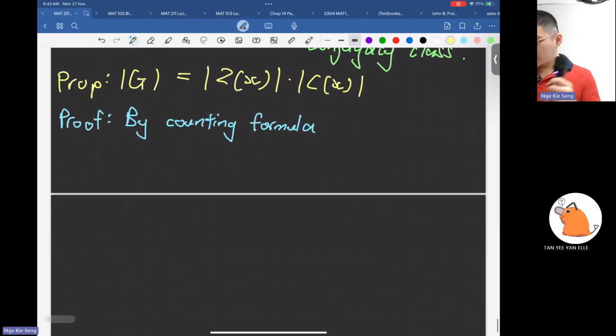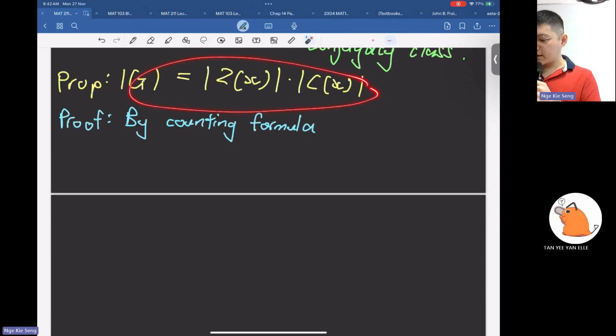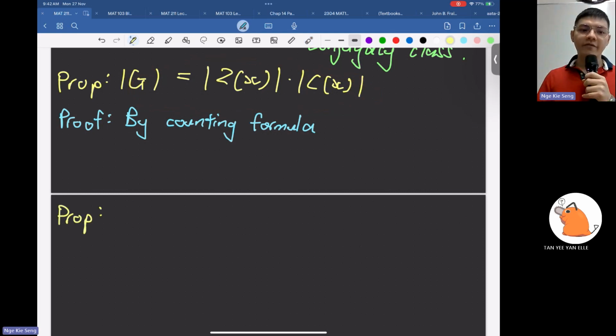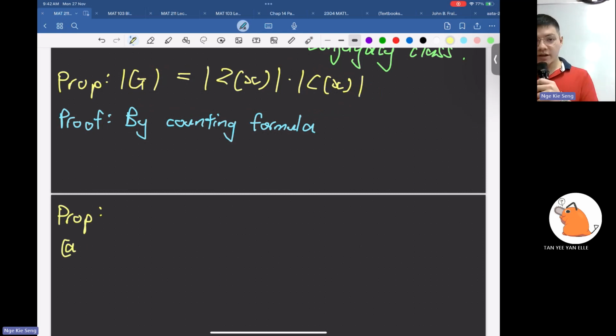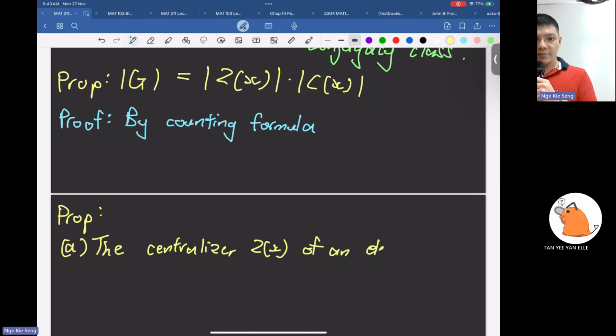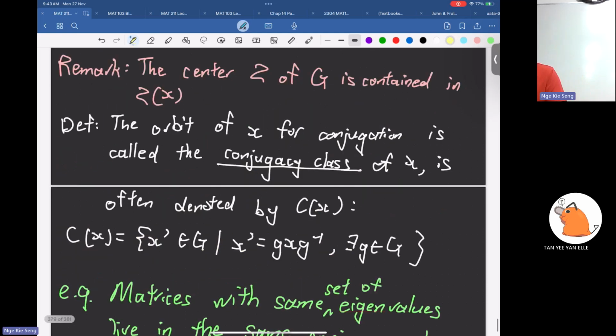So this is just a specific case of how we apply the counting formula, because we have fixed our group action as conjugation. Previously, those were general group actions. Next, we know that the centralizer Zx of an element x of G, what does it need to satisfy?